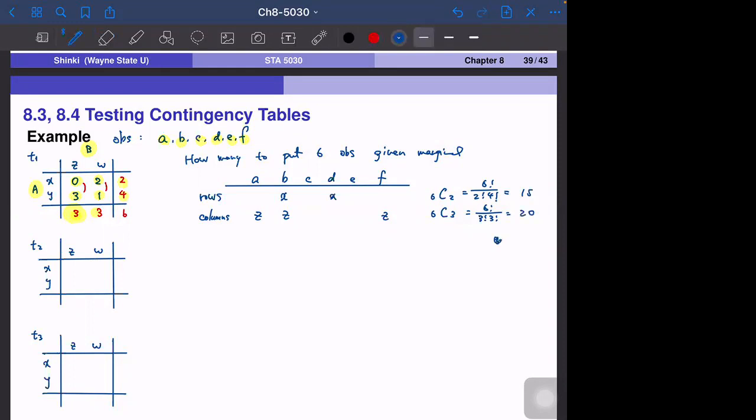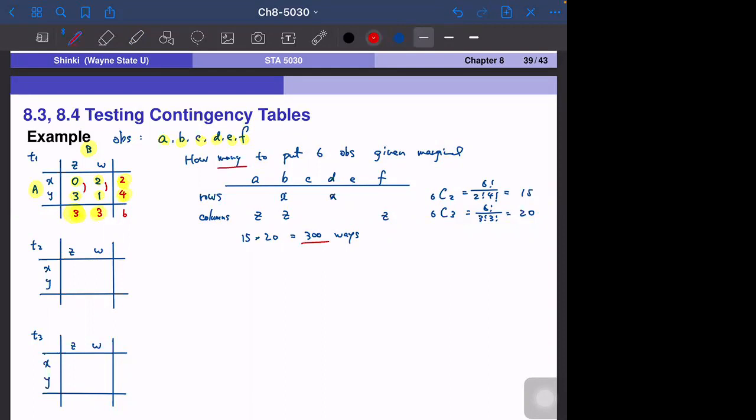So in total, 15 times 20, since rows and columns are assigned independently. So 300 ways to achieve this marginal density given 6 observations. So in total, we have 300.